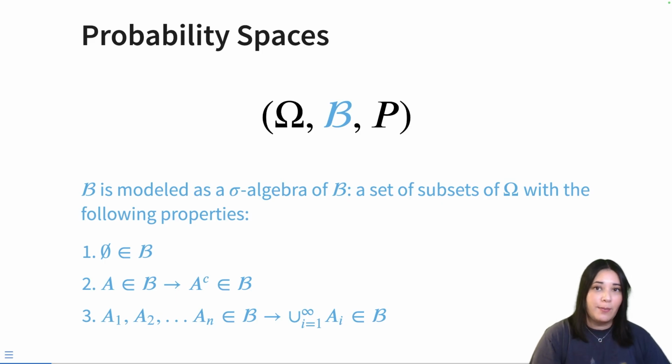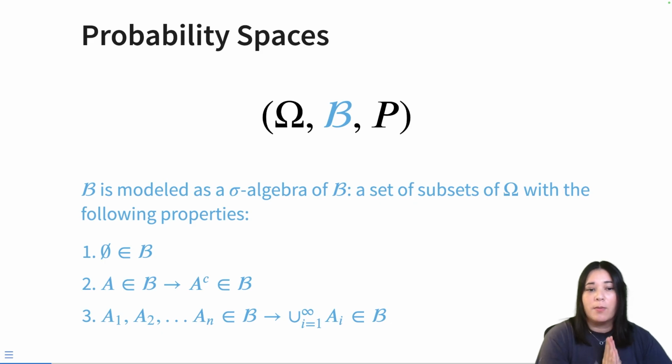So working from the example, if we have the null set, since it has to be there, and we have the even dice rolls and the odd dice rolls, that must mean that the union of even and odd is also in the event space, which means we also have to have all dice rolls, like any dice roll in our event space.